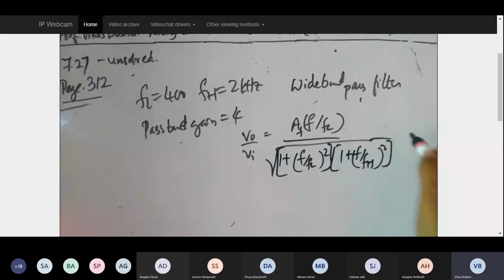Try to substitute the values, obtain the value of V naught by V in, and accordingly we can plot the graph. So this is how I can plot the graph for the wide band pass filter. So this will give you a glimpse of this particular numerical.